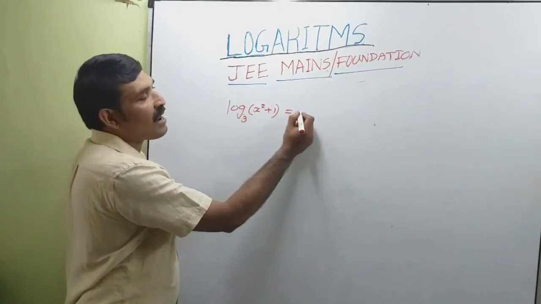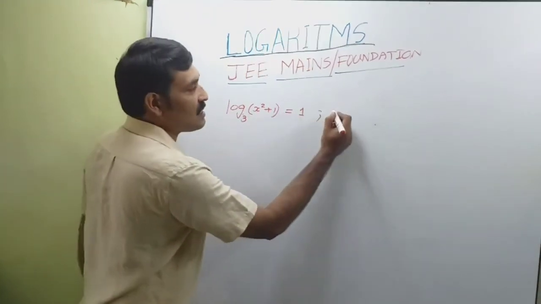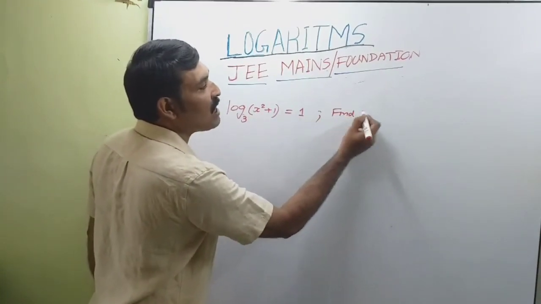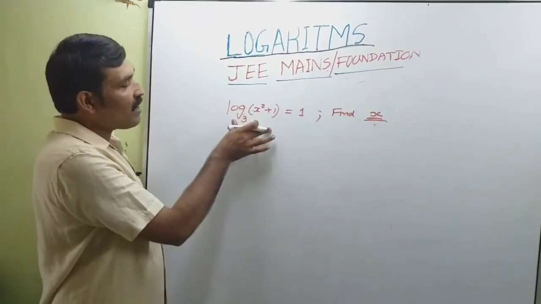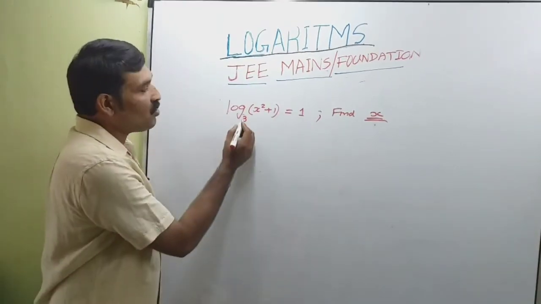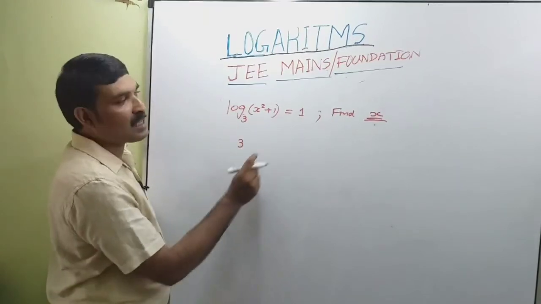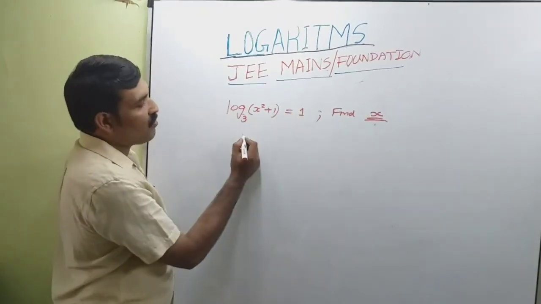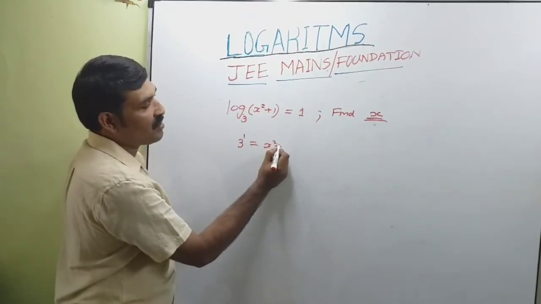Consider the question: log base 3 of the number x square plus 1. The answer is given as 1. Now the question is to find the value of x. We want to find the value of x. Now the base raised to the exponent, the exponent is 1, is equal to the number x square plus 1.